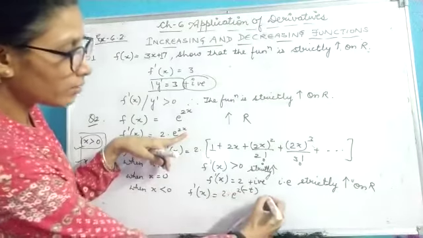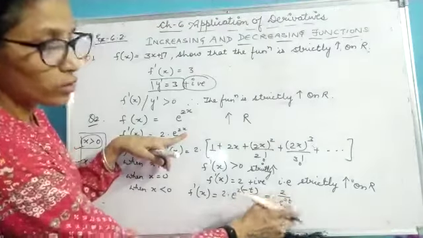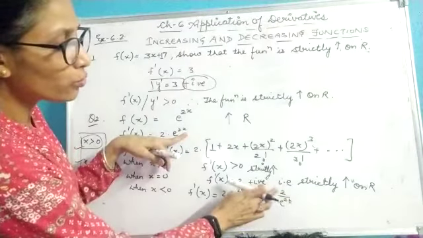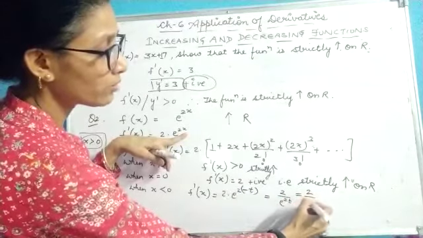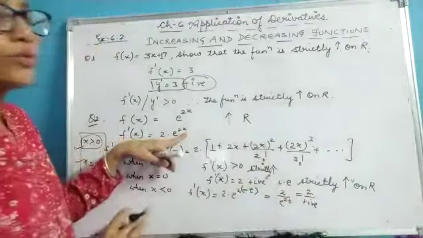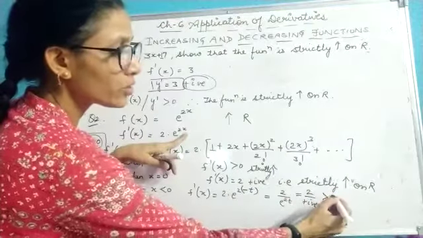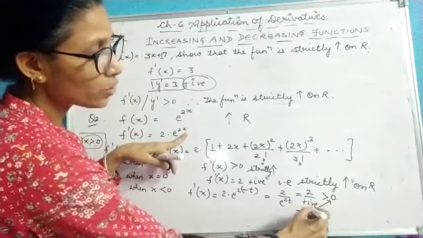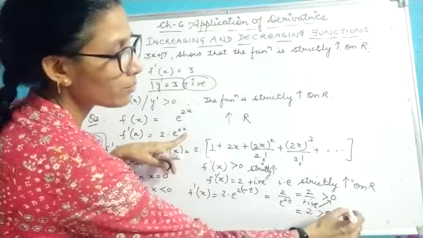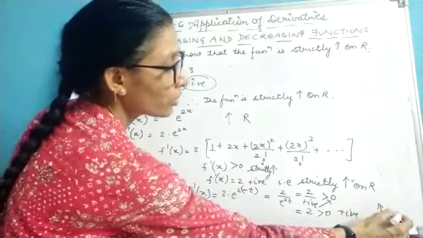So this can be written as 2 upon e raised to power 2t. Now this is 2 upon a positive value. But when I am proving that it is strictly increasing, it should be greater than 0. When I cross multiply this, I'll get 2 is greater than 0, which is again a positive value. Therefore, I can say it is strictly increasing on R.